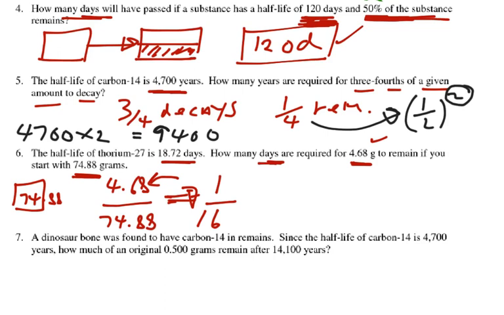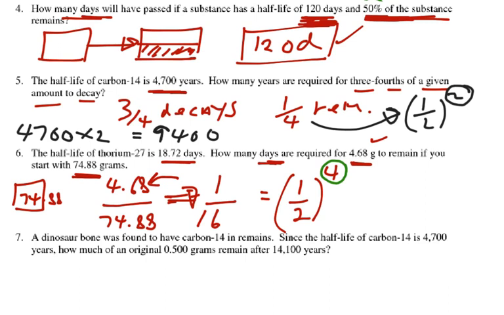Okay, I can do it like that. And what can I do from there? I know if I have 1 over 16, that represents 1/2 to the 4th power, right? And this 4 represents 4 half-lives, all right?